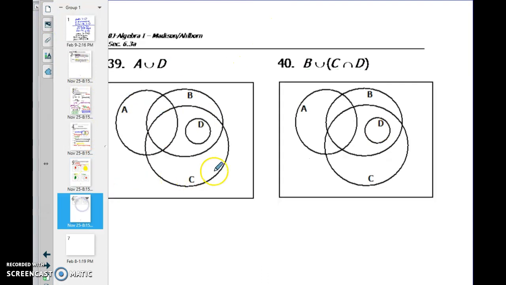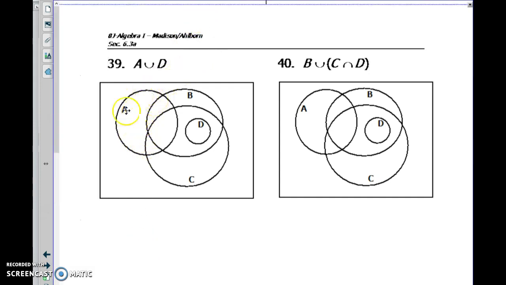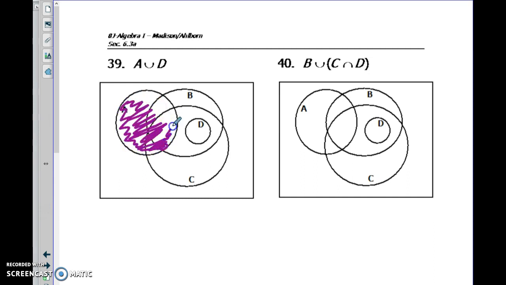Okay, let's go ahead and do just two more of these. So A union D. We want to look at everything in A as well as everything in D. So it's as easy as that. I'm going to take my purple, I'm going to shade everything here in A. Union is the more inclusive.